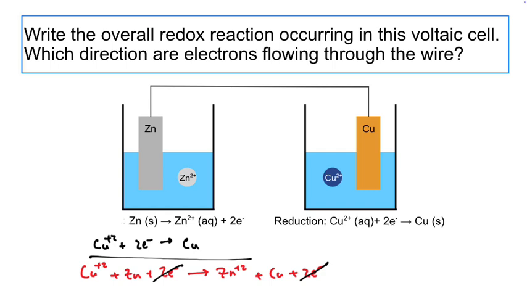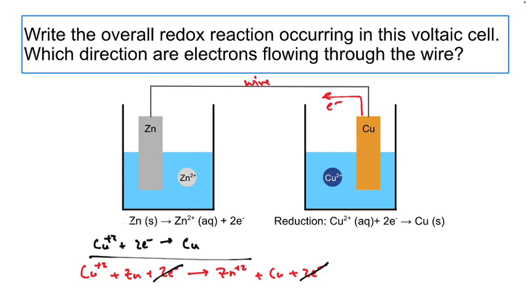Which way are the electrons moving through the wire? Okay? Well, let's guess. I'm going to say they go this way. Does it make sense for the electrons to move that way? By the way, this black thing is the wire, if you were wondering. Is the copper producing electrons?